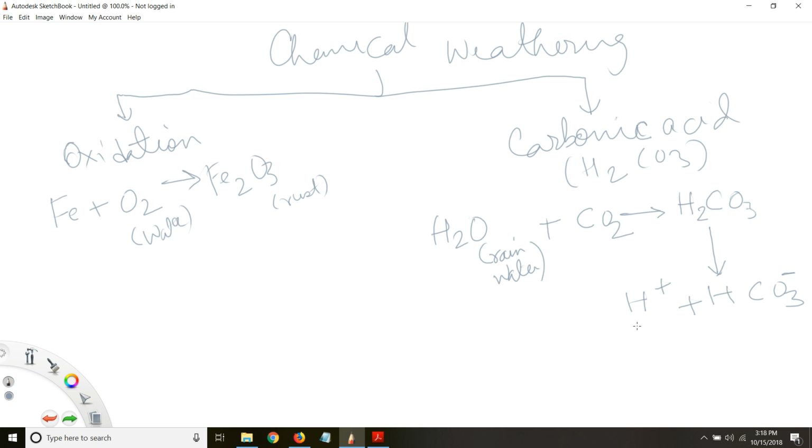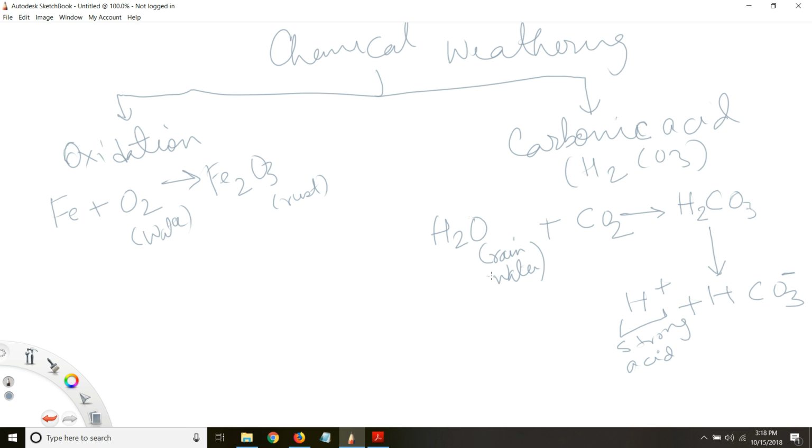The proton itself is a very strong acid. Eventually it will combine with other material and break them down. So first understand how this comes into existence.